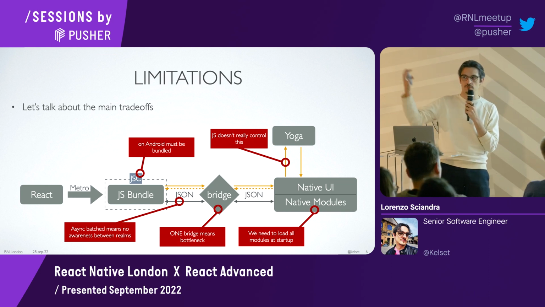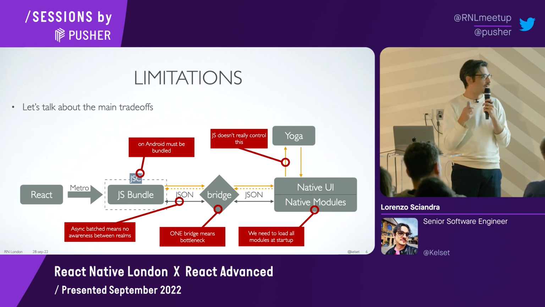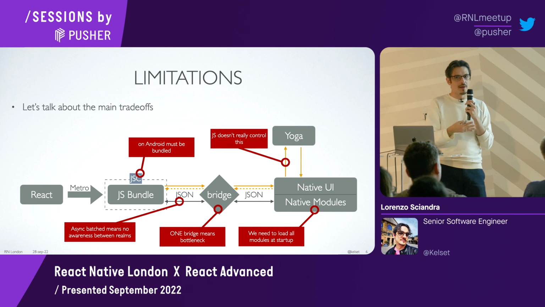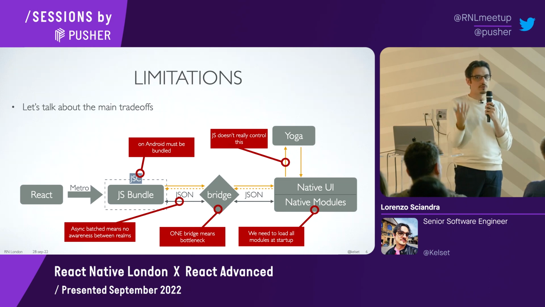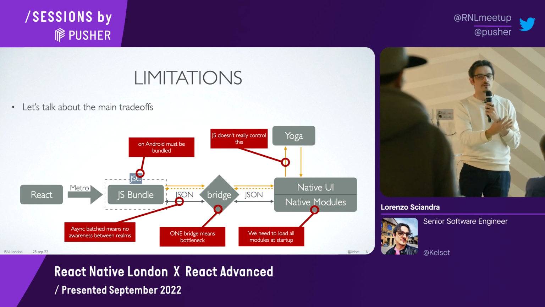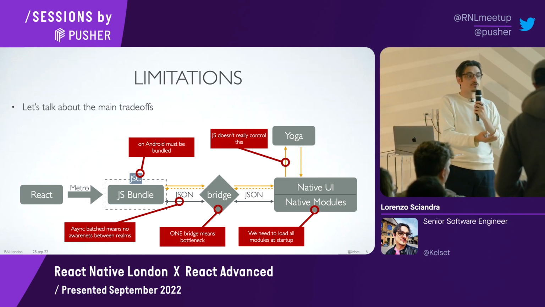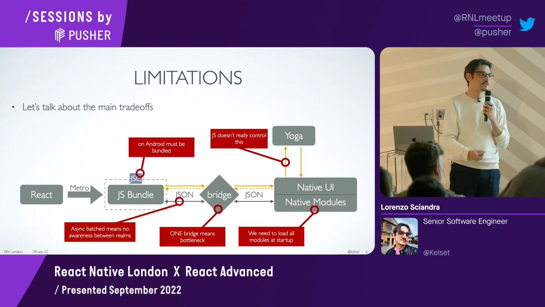They can't just receive this bundle of JSON. They need to unJSONify it, and then they will see some commands that they don't know where they're coming from. They don't know what they're about. So this also means that, for example, at startup, you need to load all the potential modules that you may need in your app because you don't really know when you're going to need them.